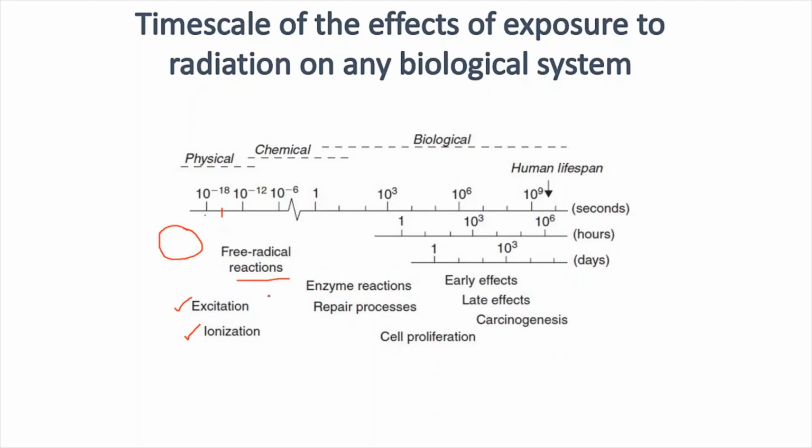As we know, excitation and ionization lead to chemical bond breakages, so the free radical reactions which are taking place are actually a competition between the scavenging reactions, which want to eliminate or neutralize these free radicals, and the fixation reactions, which are going to make the chemical change permanent, fixating the chemical change on these biological systems.